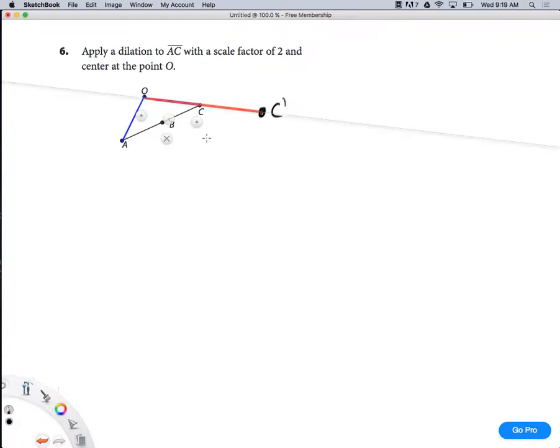Then you do the exact same thing from O to A, where you measure that and then make a line exactly twice as long, and that would be where you'd have the location of A prime. Does that make sense to you guys? Is that pretty clear? Okay, we can put our computers away, guys. I don't think we really need them out right now.